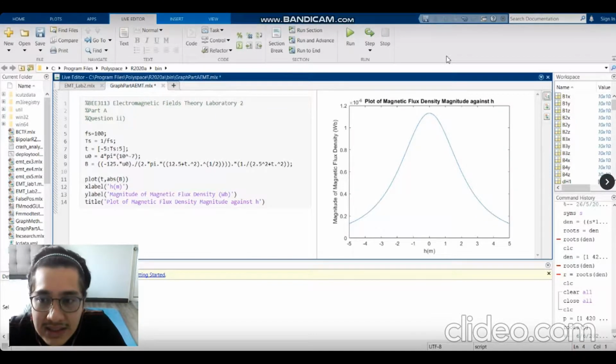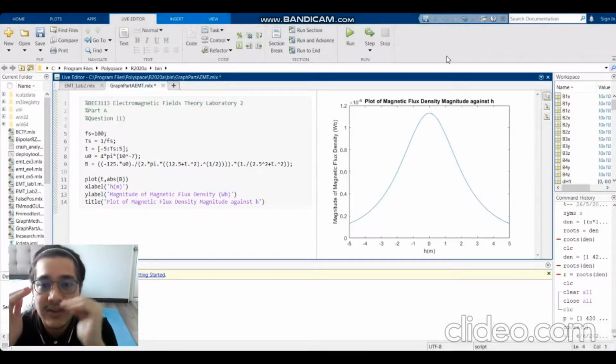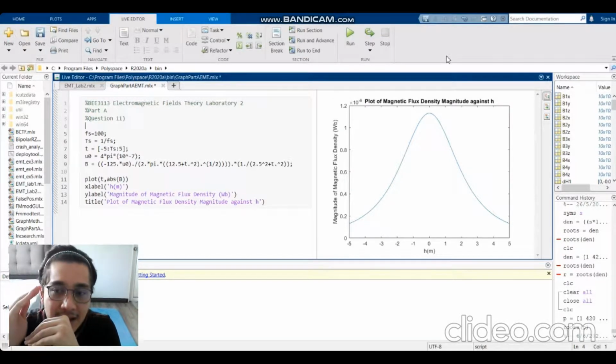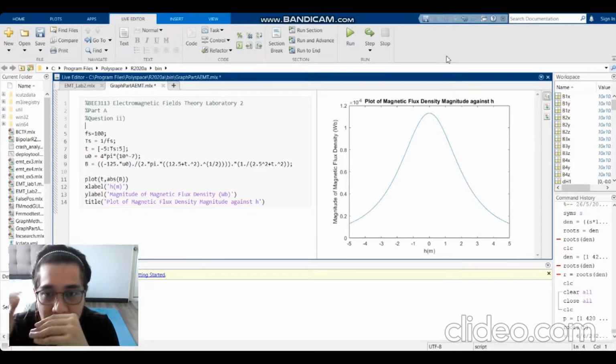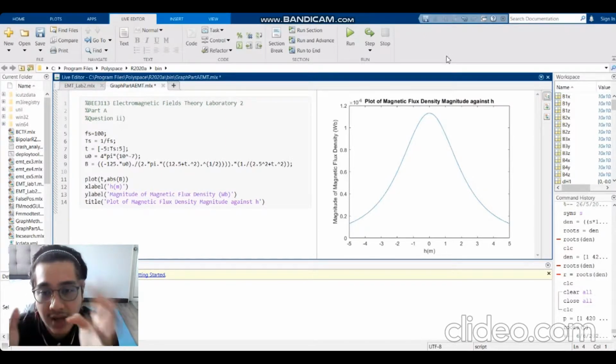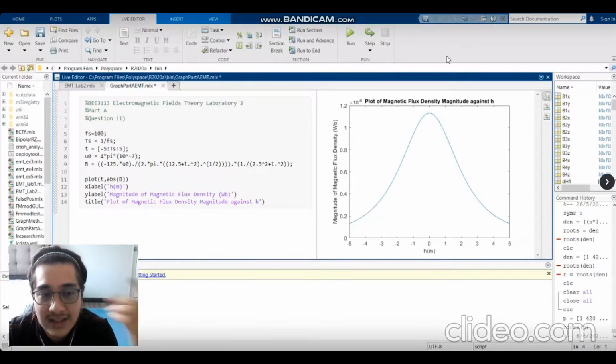And for how to increase the magnetic flux density, basically we can say that if H is closer to the current line, the magnetic flux density will increase, which means we need to take point P close to the current line. How can we prove why this is happening?